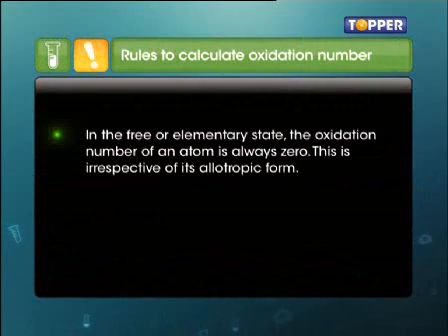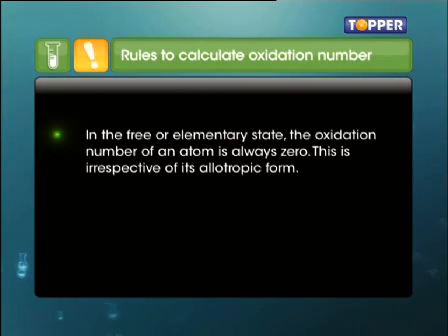Now, this sounds complicated, so let's make it easy by learning how to calculate the oxidation number of an element. This is done according to a set of rules. Let us discuss these rules first, and then we will discuss some examples. The first rule is that in the free or elementary state, the oxidation number of an atom is always 0.